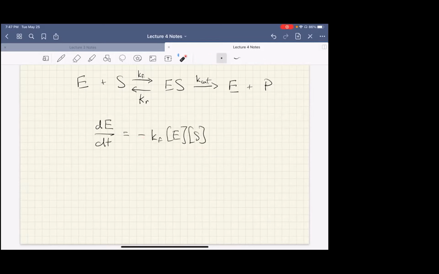So I'm getting less E. Plus, coming back, the reverse reaction that creates E is this. That's KR times the concentration of ES. And I also get E from the catalysis reaction from here to there. And that occurs at rate Kcat times ES.